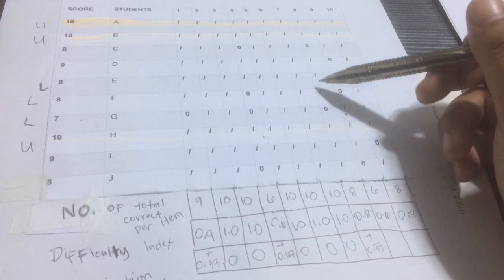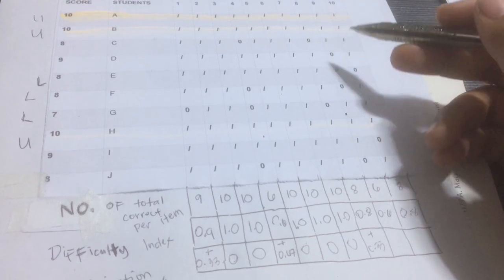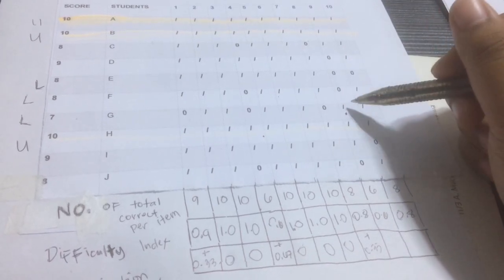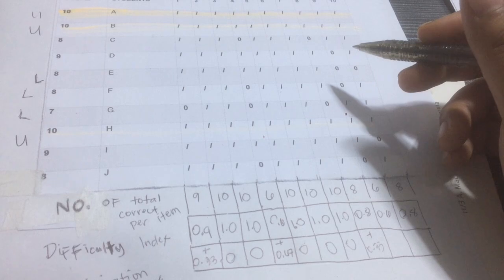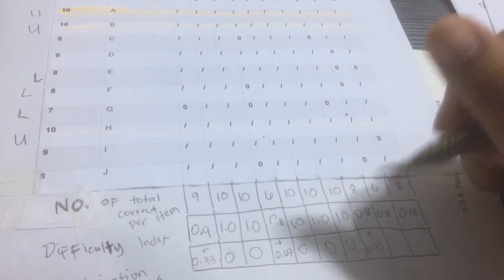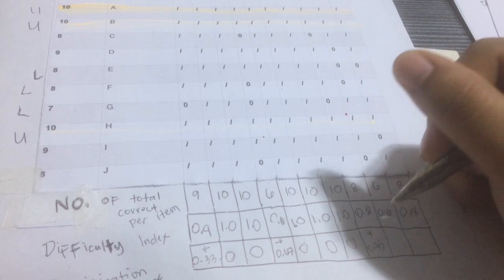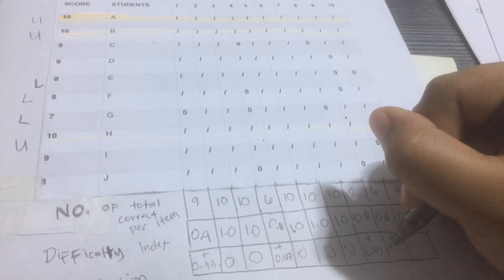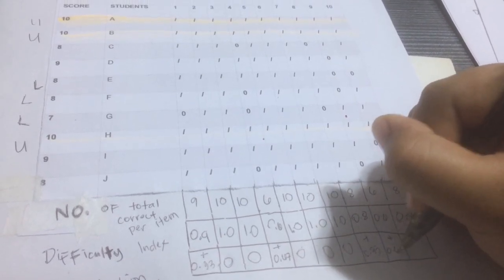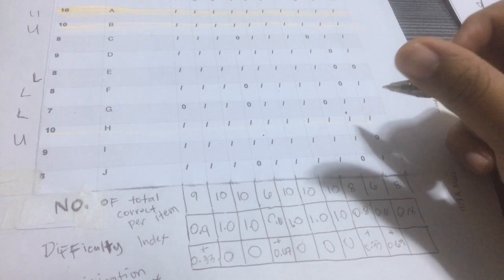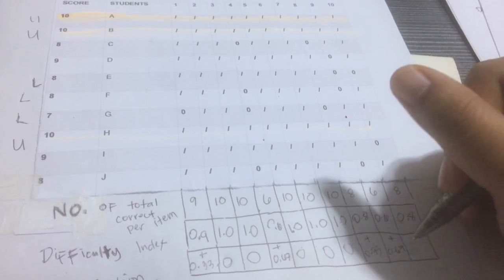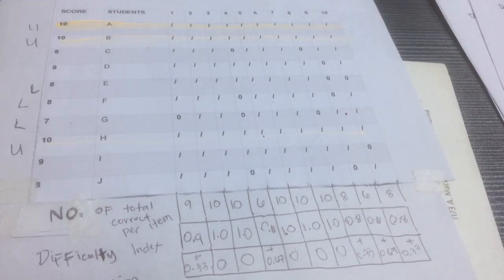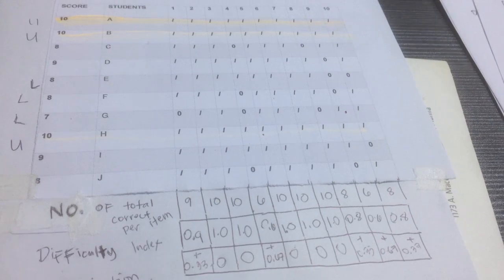So, 3 minus 1 equals 2, divided by 3 is 0.66, positive. We will round it up to 0.67. And the last is positive 0.33. Can you follow? Do you understand?